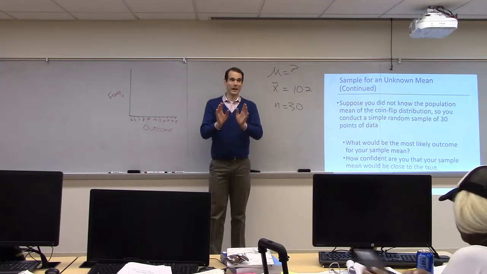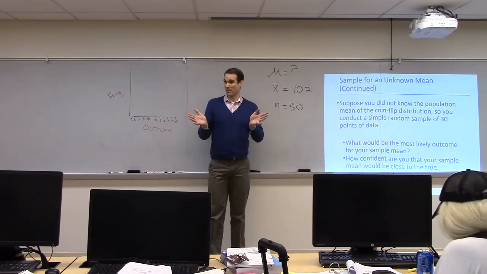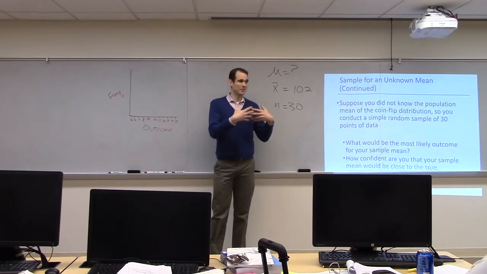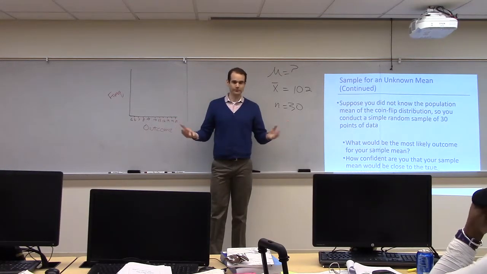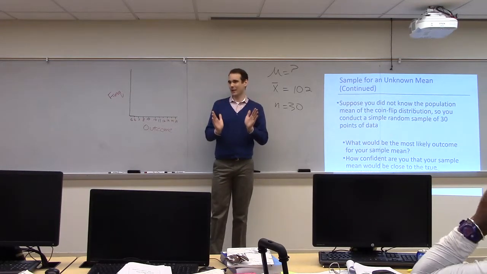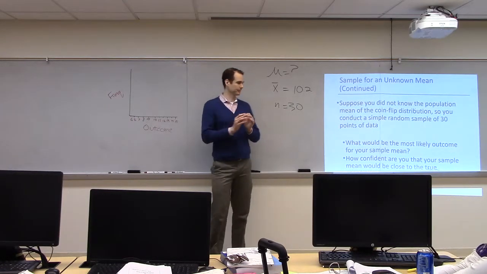If we want to know the average income in New York City, 8.5 million people, we could ask just 30 people. Based on the same logic, we would be surprisingly close to the true mean income of all 8.5 million people. Now we're going to look at the exact numbers and the exact confidence intervals that we could estimate based on sampling.